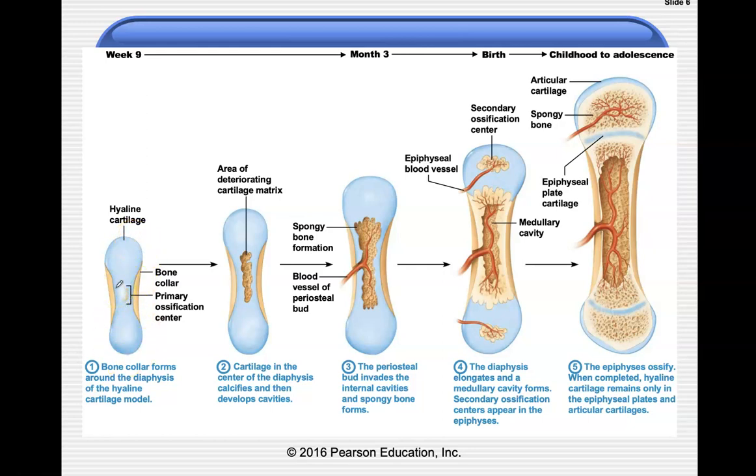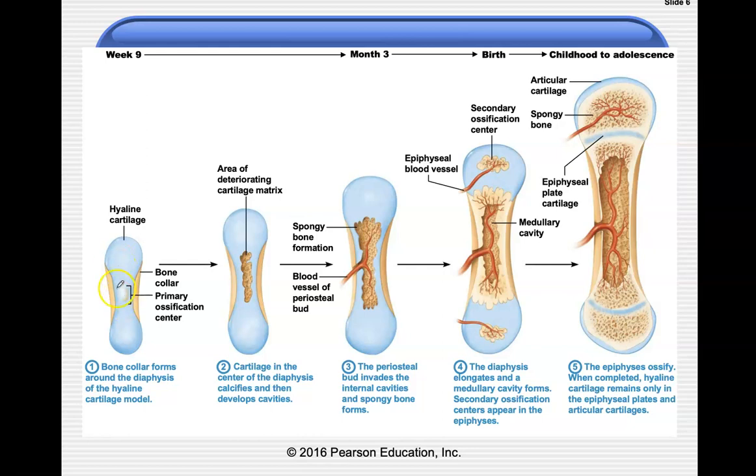We call it perichondrium when it's cartilage. And the mesenchymal cells of this perichondrium are then going to specialize and differentiate into osteoblasts.